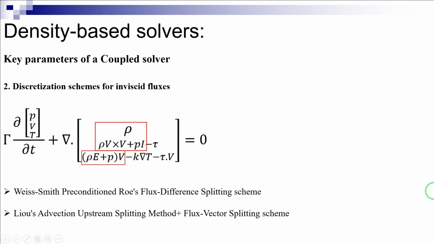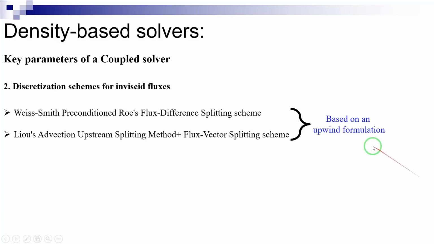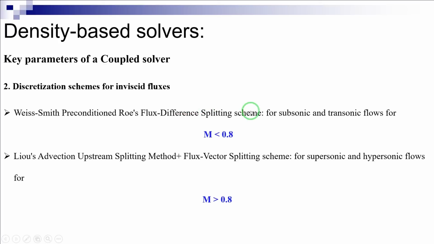They both are developed based on an upwind formulation. The first one is appropriate for subsonic and transonic flows for Mach numbers less than 0.8. However, the second scheme is suitable for supersonic and hypersonic flows for Mach numbers larger than 0.8.